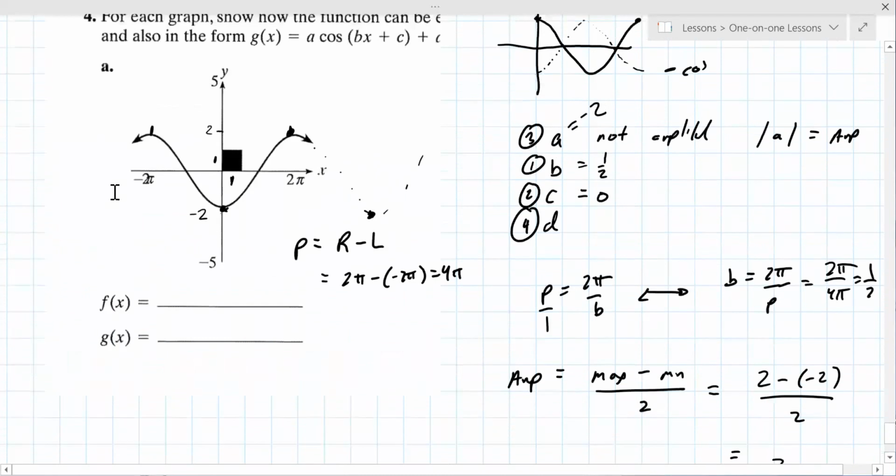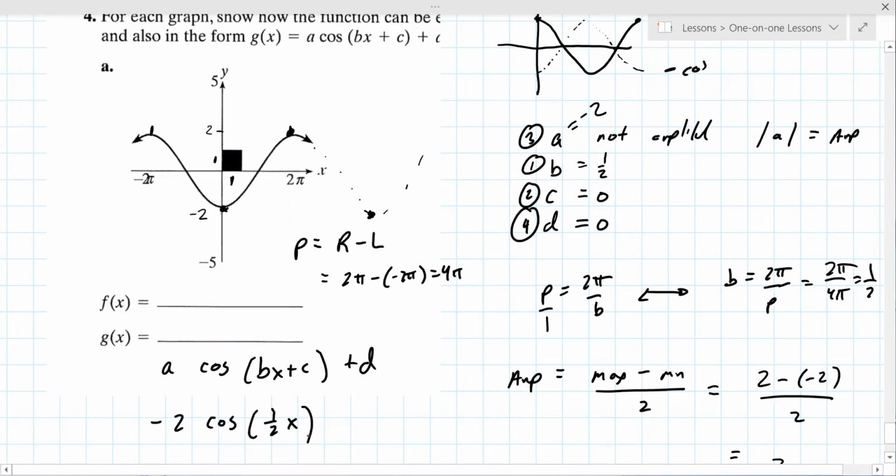Do you see here that what cuts right through the center line is 0? Yeah. Okay. So we've got this formula A cosine(bx plus c) plus d, and this becomes negative 2 cosine(1/2 x), because c and d are 0. Is that okay? Yeah.